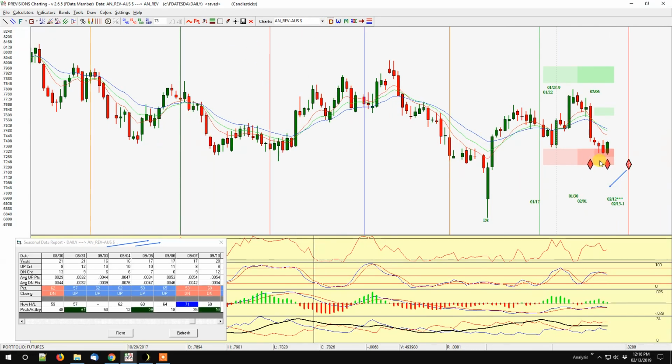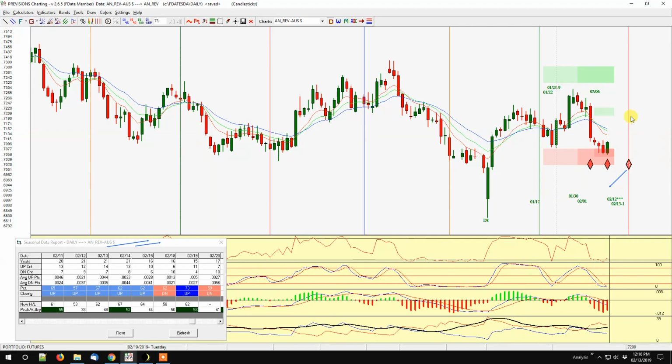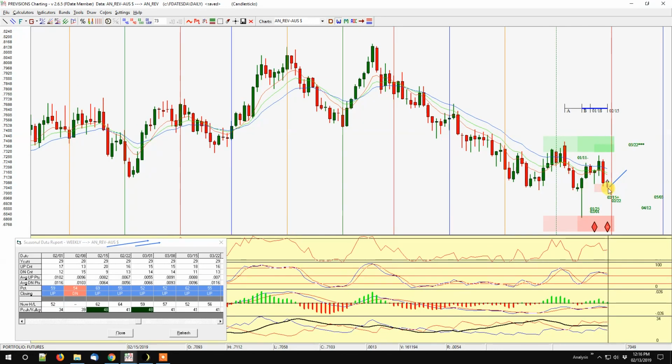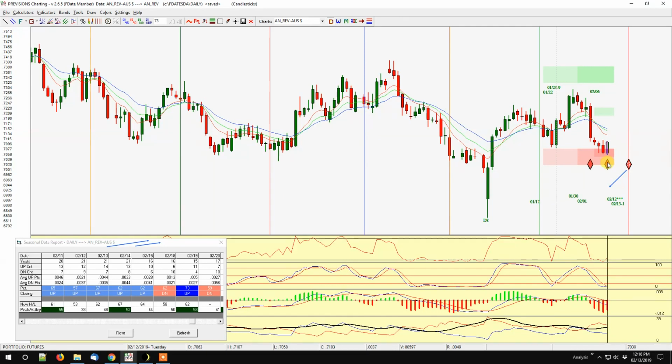So this would just be a temporary pullback, and then it would resume again. Right now, this is a really good launch point for this weekly swing bottom. So the probability is really good here, but it's short term for the daily.